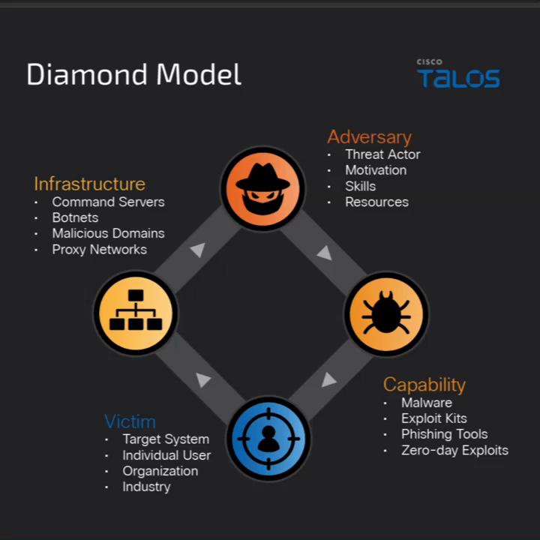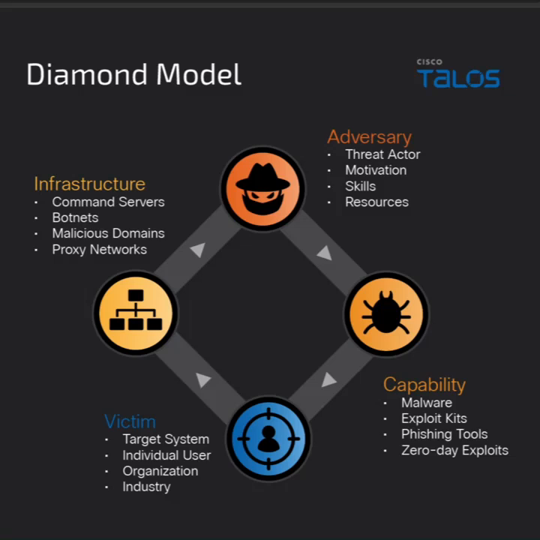The diamond model is a cybersecurity framework that can be used for analyzing cyber intrusions, not as a tool. It's a framework, a model that can provide a wide range of thoughts and mindset for profiling or analyzing a cyber intrusion.